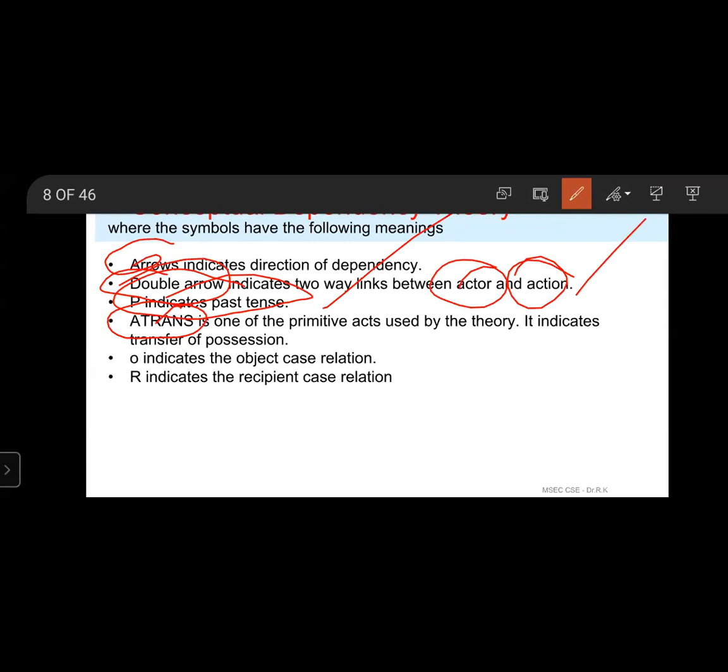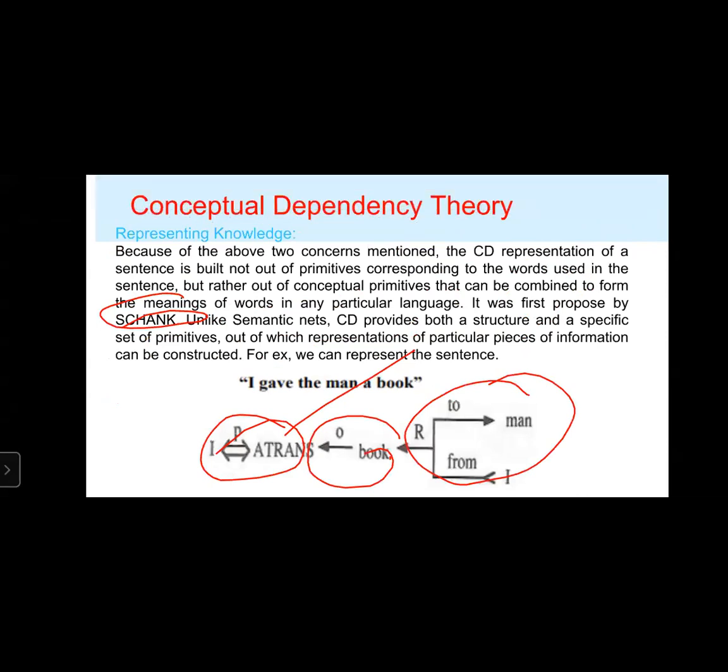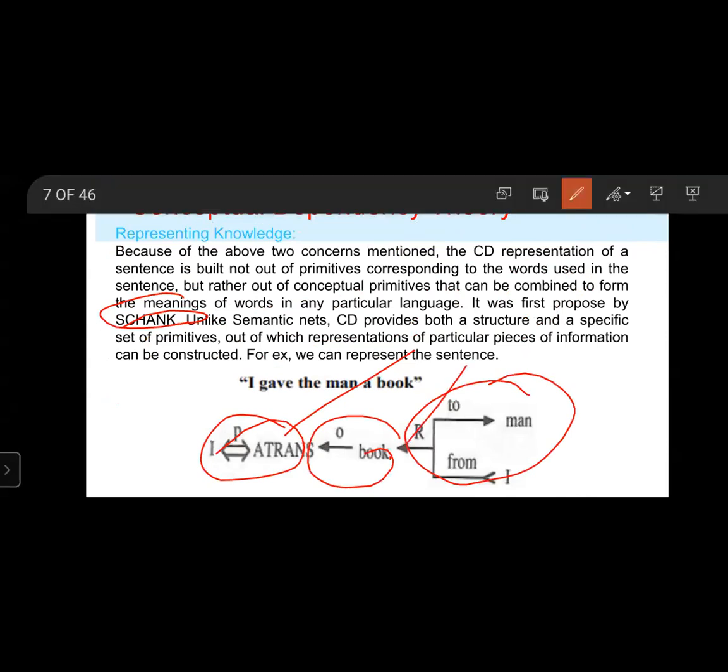It indicates transfer of possession. O indicates the object case relation. R indicates the recipient case relation. Clear?